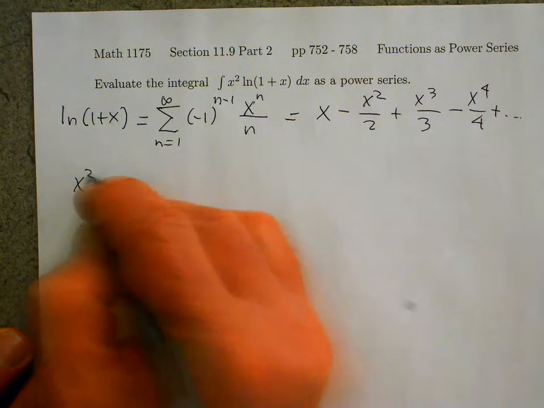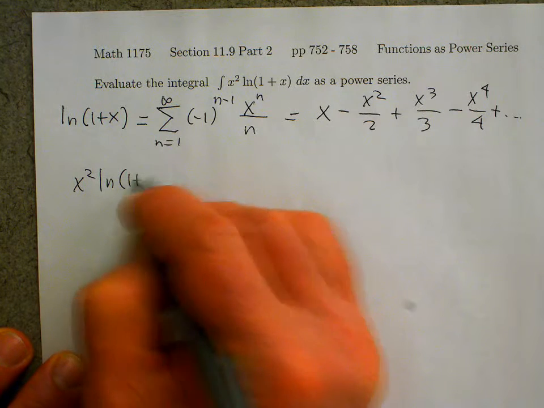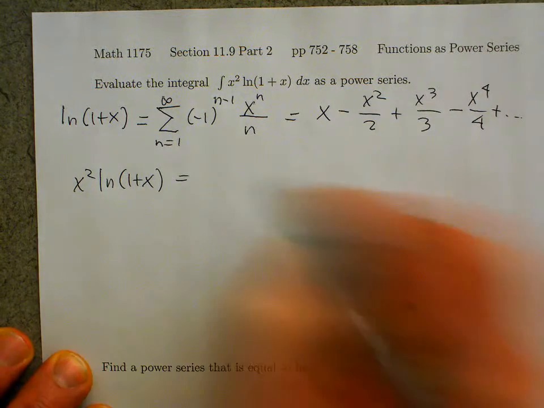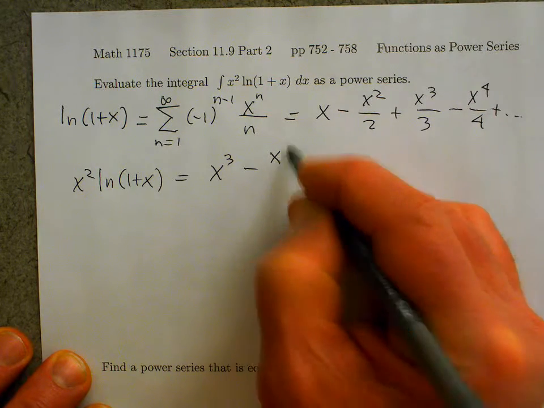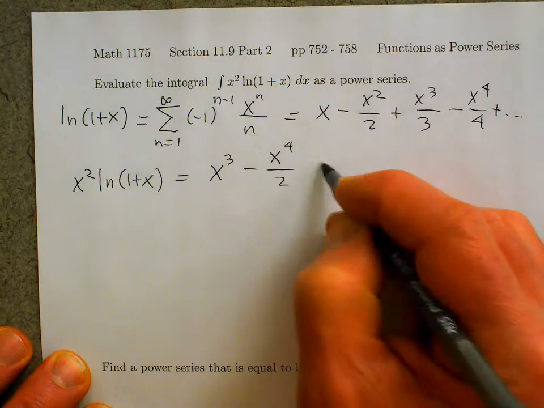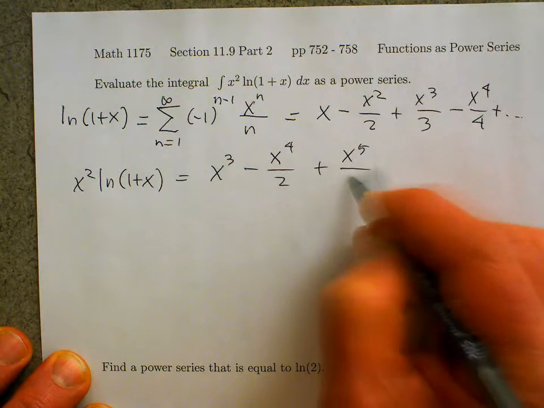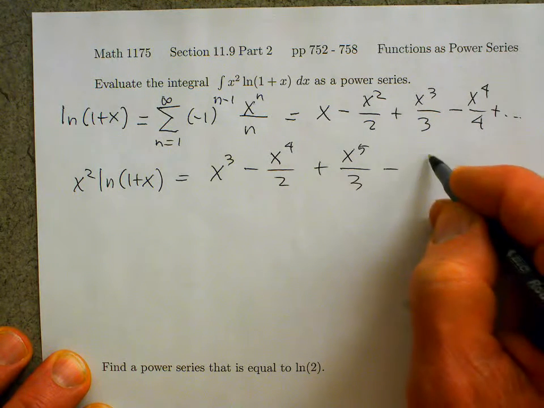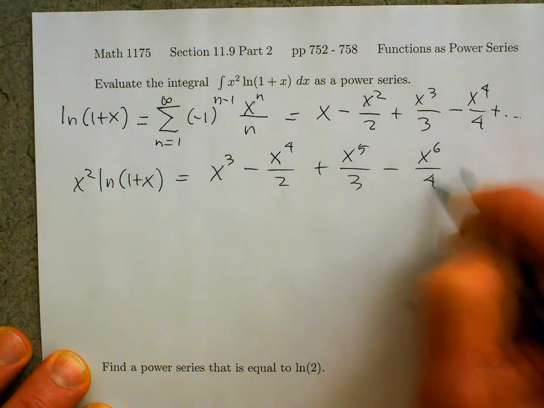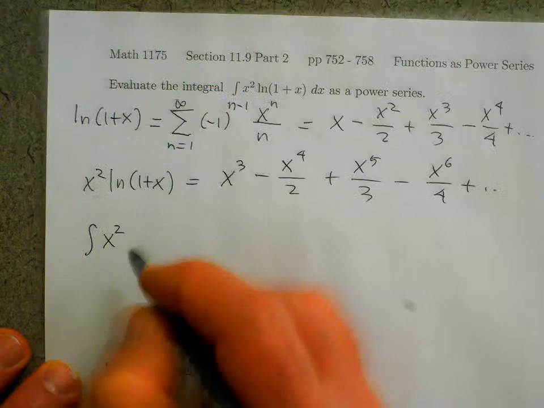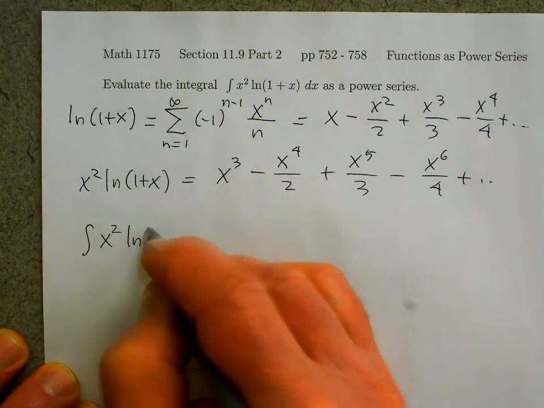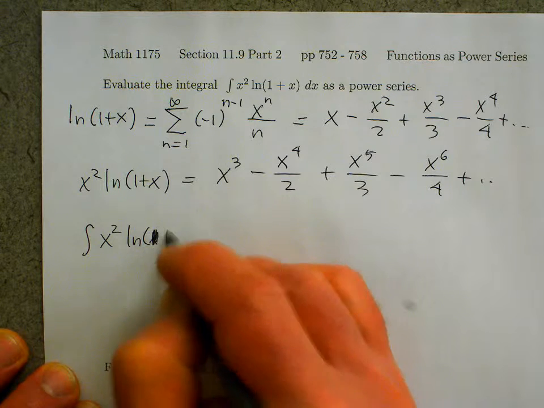So x squared times the natural log of 1 plus x is x to the third minus x to the fourth over 2 plus x to the fifth over 3, and so on. And then you can find the antiderivatives of each of those terms.